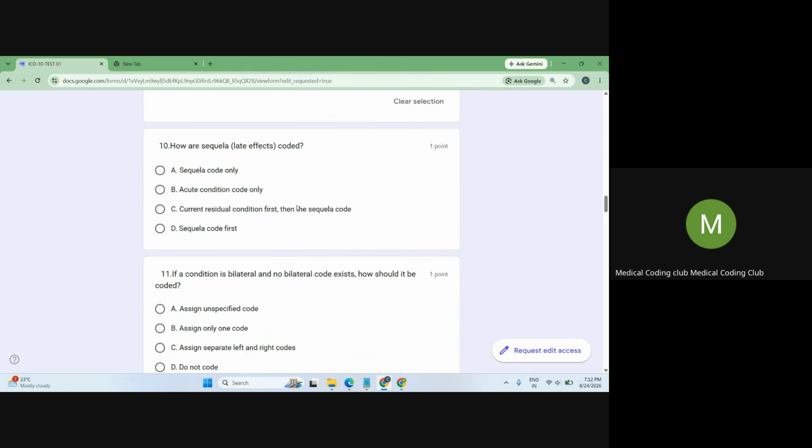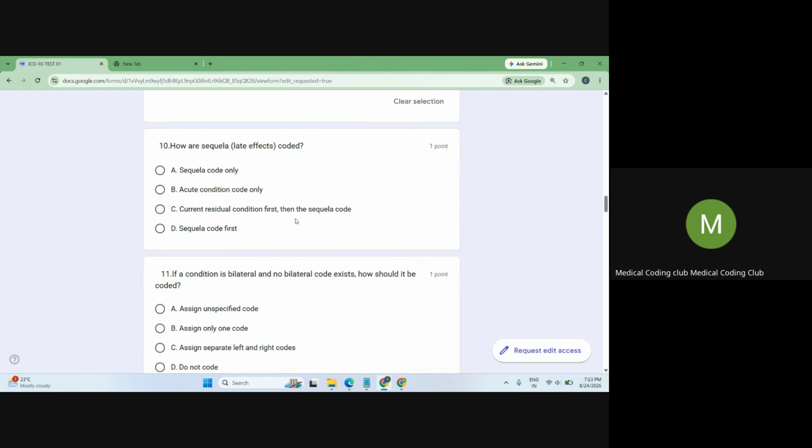Correct. So the scar is considered the current nature, or the residual condition, the late effect. So the scar will be coded as the primary diagnosis, and I have already given you the instruction: the code which ends with the 7th character S will always be coded as a secondary diagnosis.